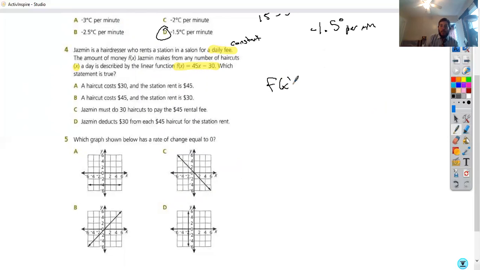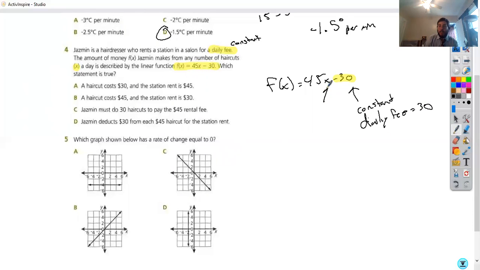So when we look at this here, f of x equals 45x minus 30. The first thing is we can identify our constant. The constant is what doesn't change, so it's not multiplied by a variable. So the constant is how much the daily fee is. So here we could say the daily fee is equal to $30.